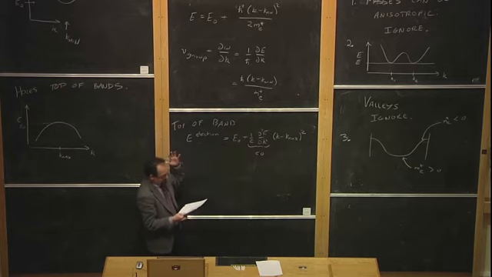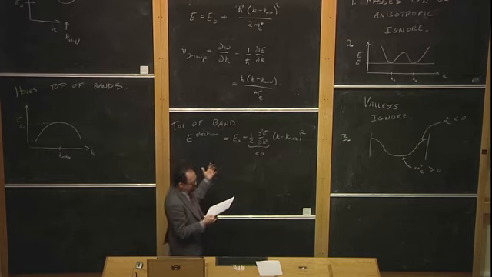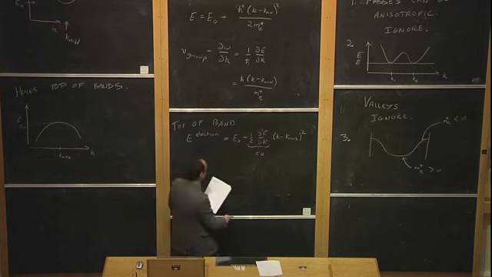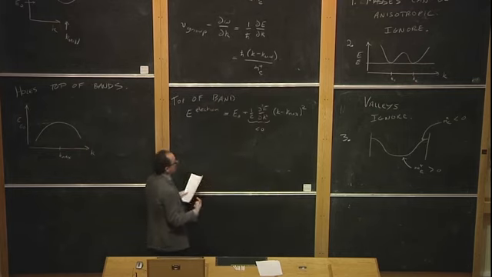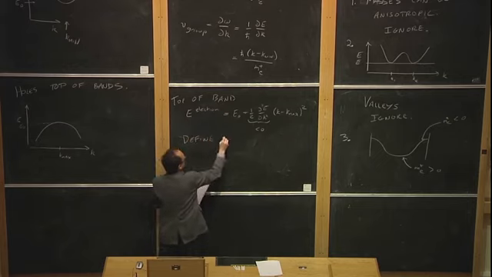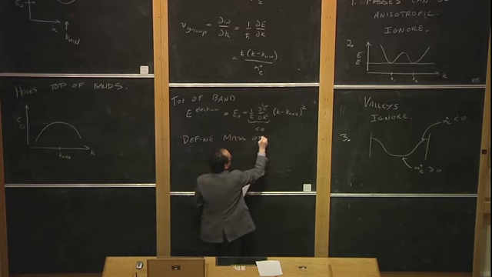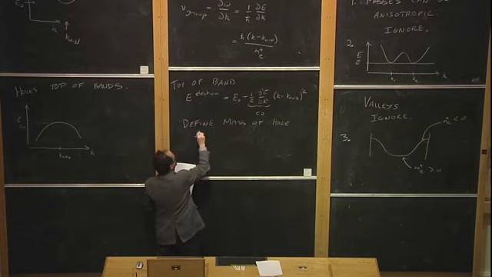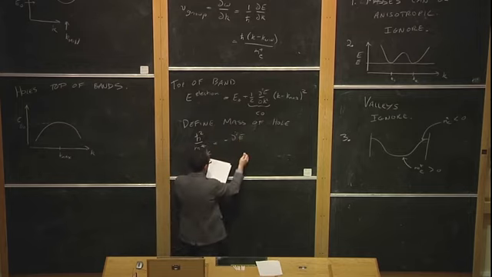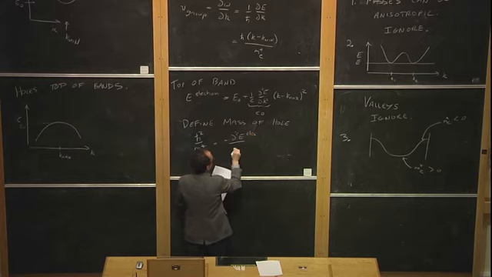And this is why we should think of the mass of the electron here as being a negative quantity, because the energy actually goes down as you go away from the maximum. So here, what we're going to do to make our life a little bit simpler is to define a mass of a hole. Define mass of hole to be h bar squared over m hole star is minus d squared E for the electron, dk squared.